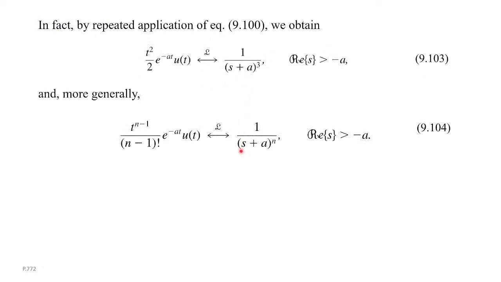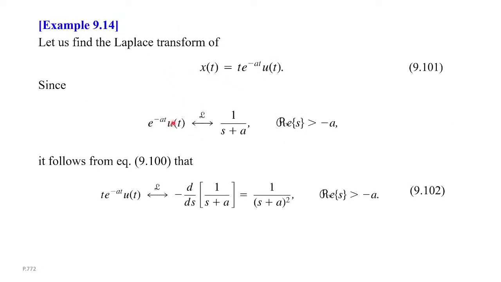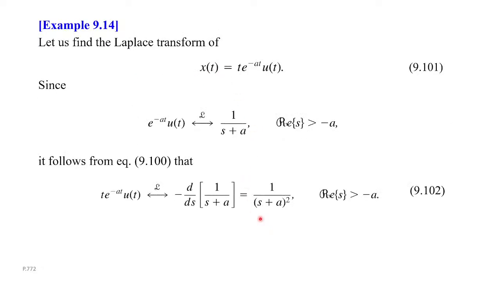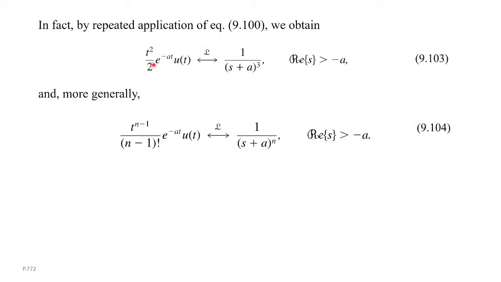If you differentiate once again, you get a 2 here, and then move the 2 to this side. You can keep doing this, and you'll find that you get t to the n minus 1, divided by (n minus 1) factorial. And you get this nice formula.